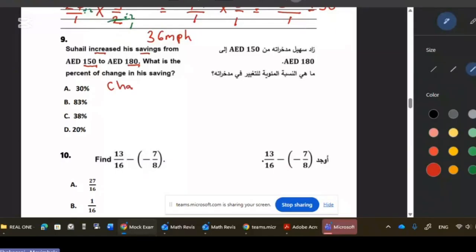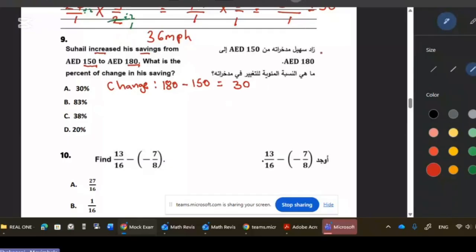So for the change that happened here, we'll see 180, which is the new amount, minus 150, which is the old amount. And 180 minus 150, the answer should be 30, right?